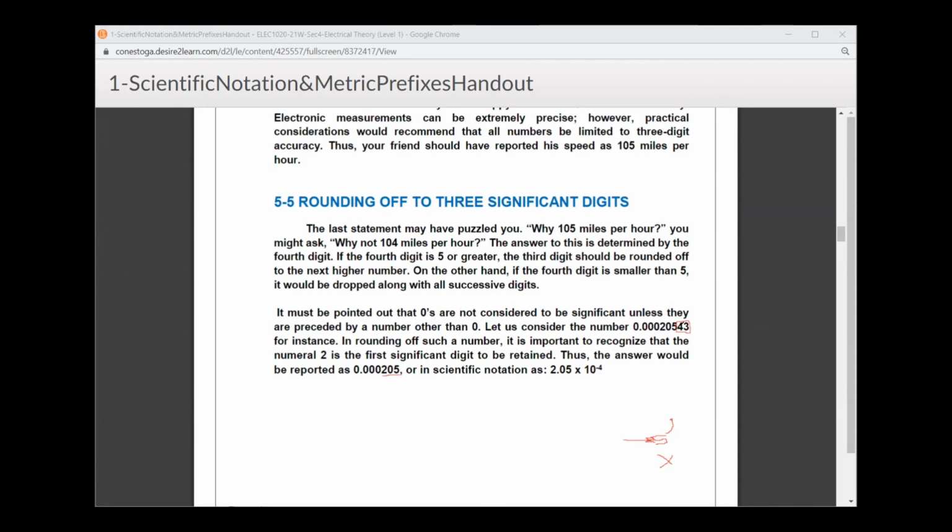Let's say that in this example, instead of having 20543, we instead have 20553. In that instance, when we round it off, instead of saying that we have 205, we are just going to say that we have 206.